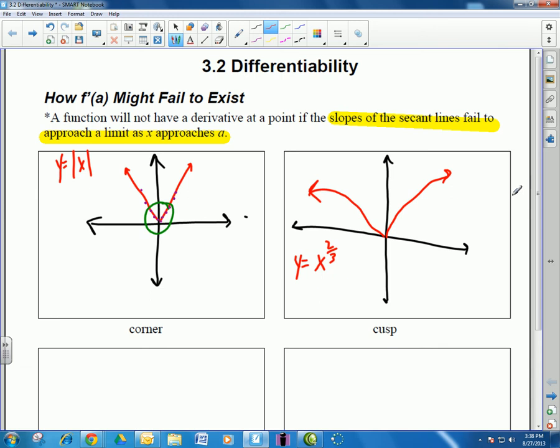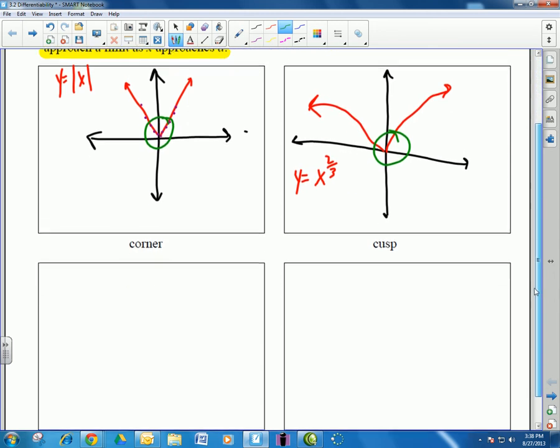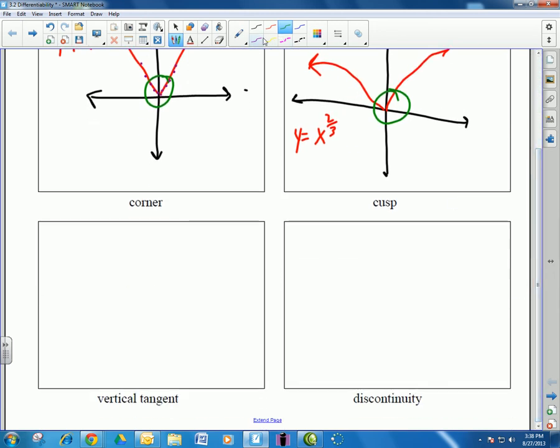Doesn't really look like it, but it is. And again, right here is your corner, and then these slopes are getting more and more negative, but these slopes are getting more and more positive as they're approaching x equals 0. They're not approaching the same value, so there is no derivative at that point.